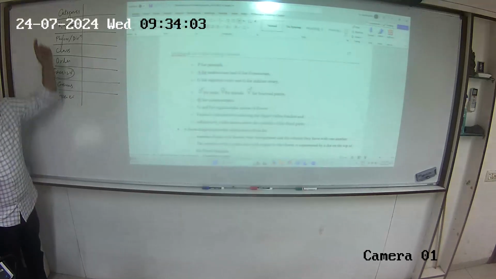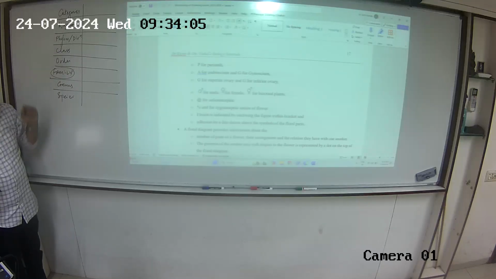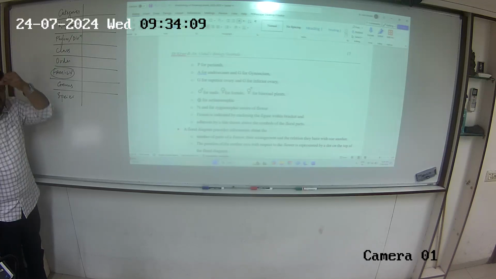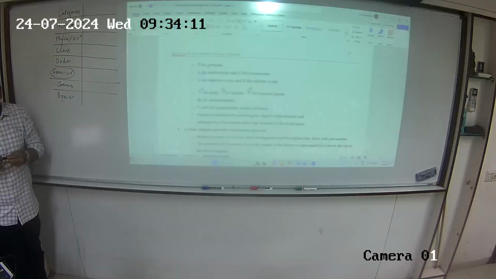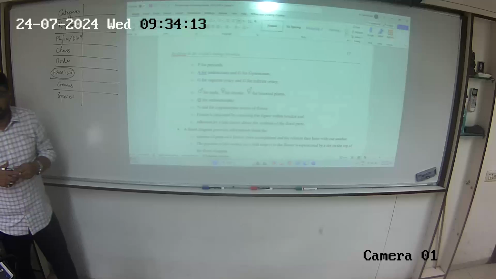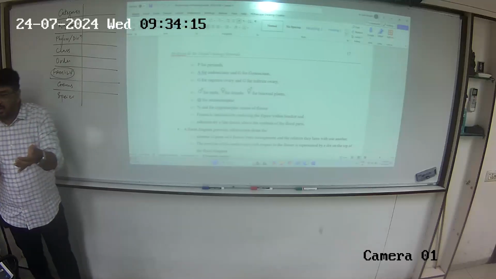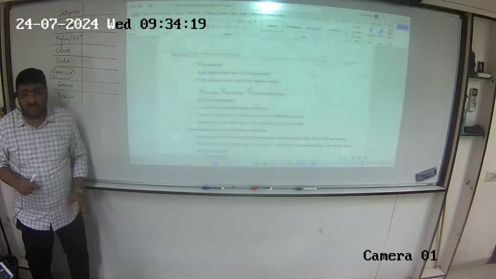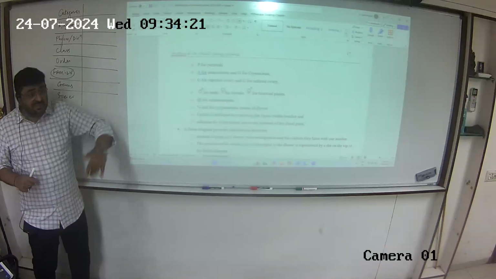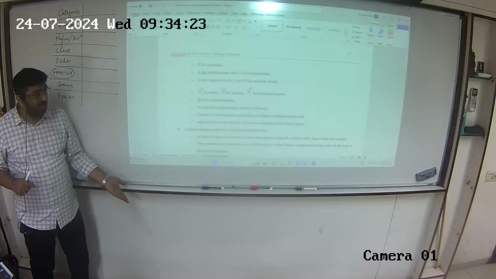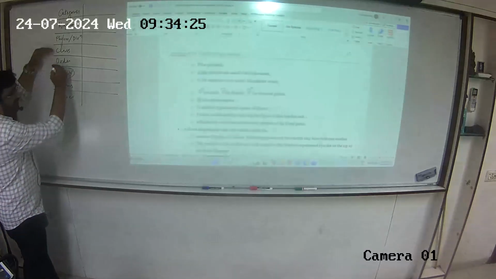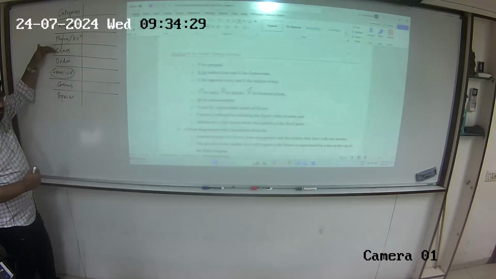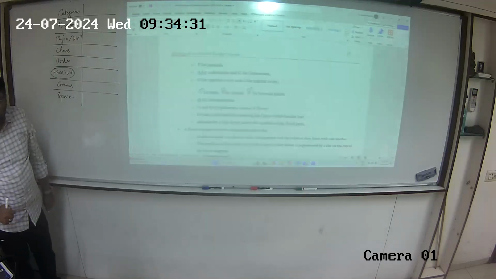So these are the 7 categories in classification. No, I would like to rephrase it. These are 7 obligatory categories in classification. Why obligatory? Because when I am classifying an organism, I have to use the 7 categories. अच्छा, ये 7 के अलावा कुछ है? हाँ है. 2 कैटेगरीज के बीच में भी एक कैटेगरी आ सकती है. अब क्लास के नीचे सब क्लास आ जाएगा, क्लास के ऊपर सुपर क्लास आ सकता है.